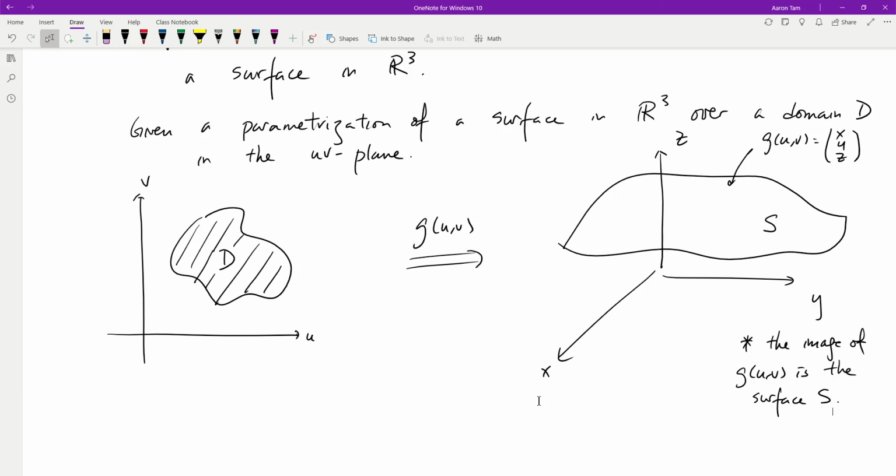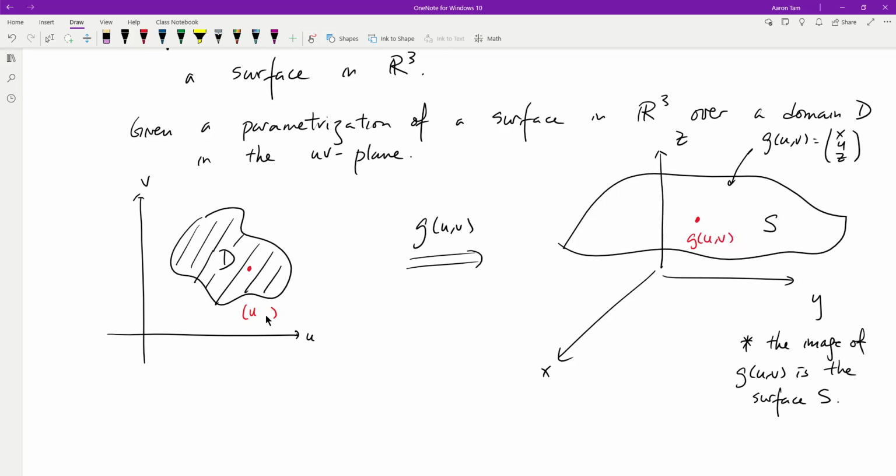The way to do that is, just like how we deal with a lot of these things, Riemann sum, integration. So here's how it works. Imagine I start with a point somewhere over here, u v for now, and that corresponds to a point over here, which is g of uv.